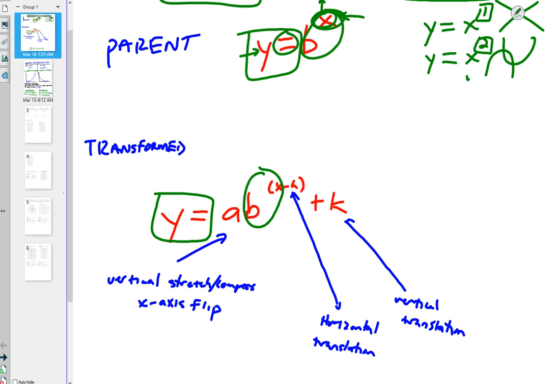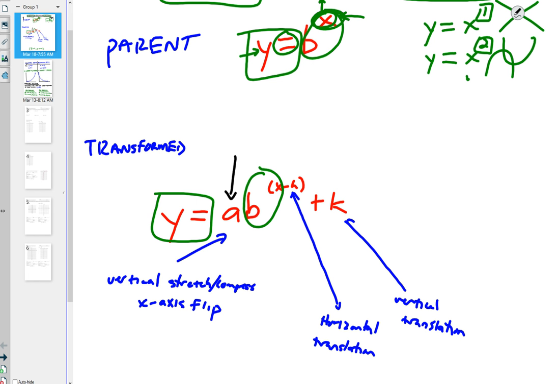But now you see the 3 other values. If there is an A, A is going to go in front of the base. Sometimes people get the base confused with the A because it looks like the base is in front of the x, they think the base is A. No, A would have to be in front being multiplied.